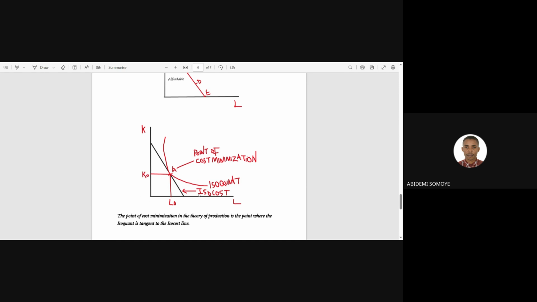Remember, for indifference curves and budget line, we say the consumer is most satisfied at the point where the indifference curve is tangent to the budget line. We also have that for production. At what point does a firm minimize cost the most? The point at which the isoquant is tangent to the isocost.